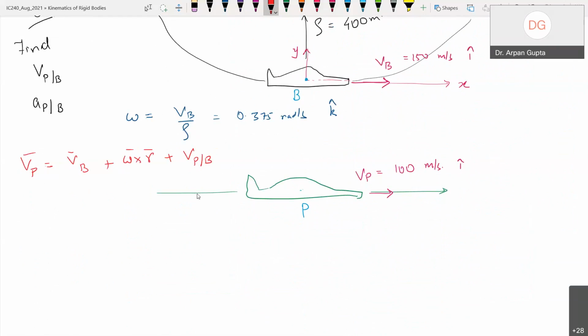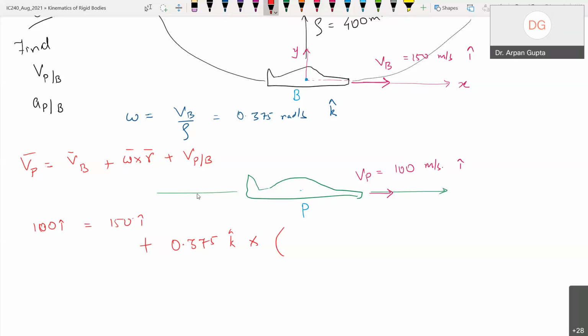Now velocity of point P, we know it is 100 i cap. Velocity of point B at this instant is 150 i cap plus, now this is rotating with omega, so therefore we have to use this expression. I mean, this is non-zero, so 0.375 k cap cross r product.